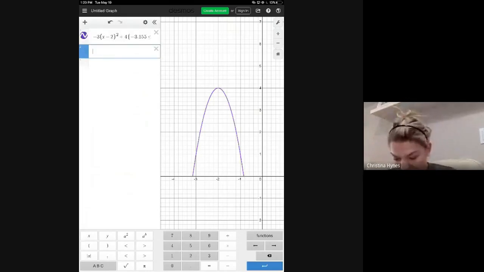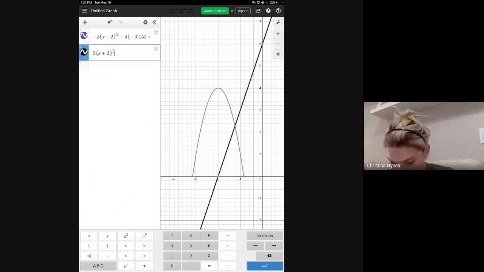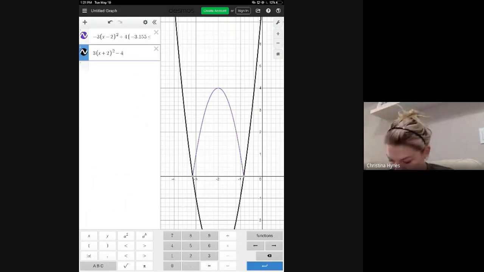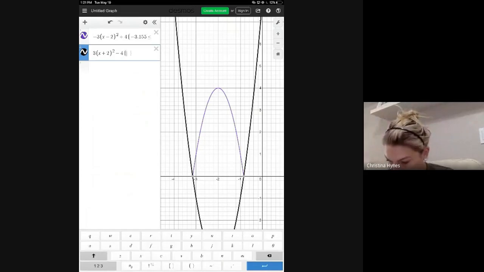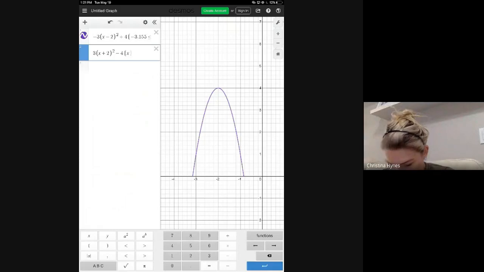And now I would put in the next one. So I know this is extra work, but this is how you can know that you're 100% doing it properly. So this is your check that you can do using your graphing calculator or using Desmos. So here I would put x is less than negative 3.155.